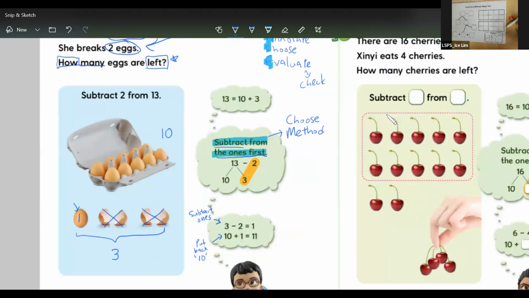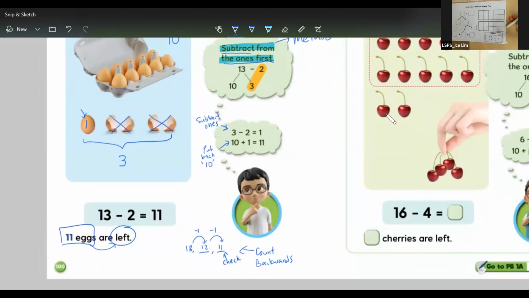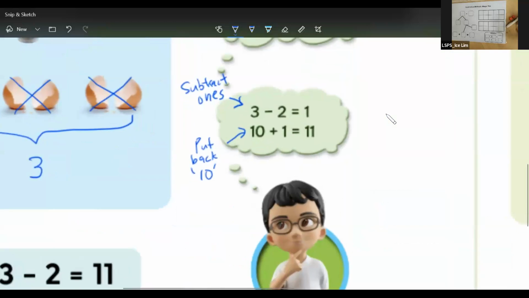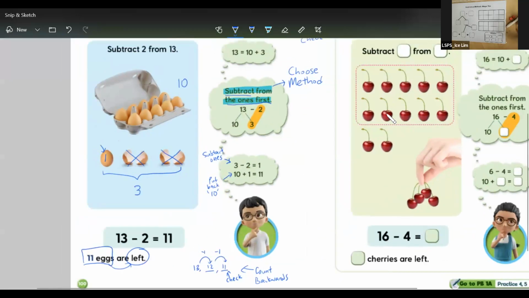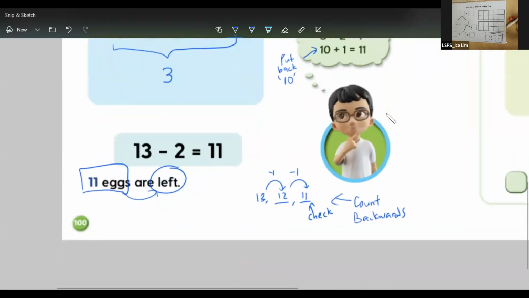I scroll down again. So the first step is subtract the ones. You do 3 minus 2 equals to 1. The next step is put back the 10. So 10 plus 1 equals to 11. Is that okay? Okay. Now I will do with the whiteboard.